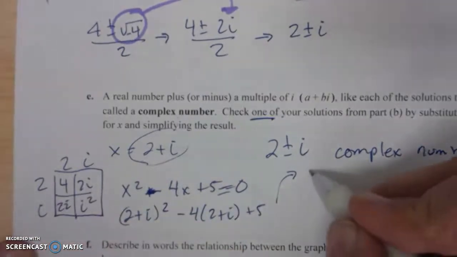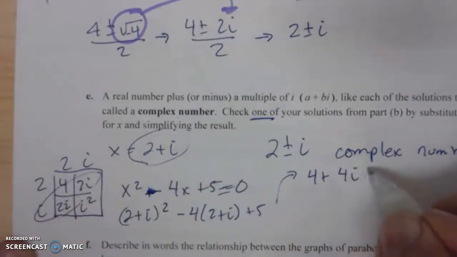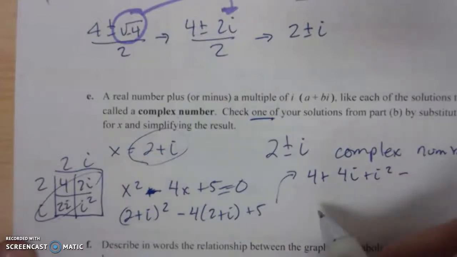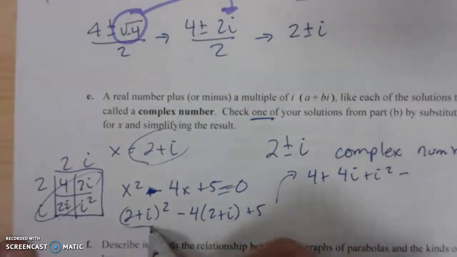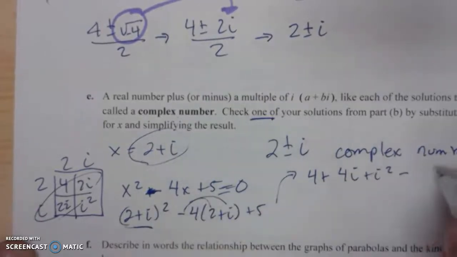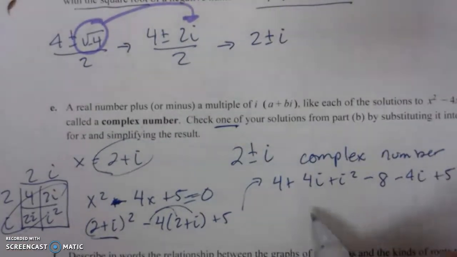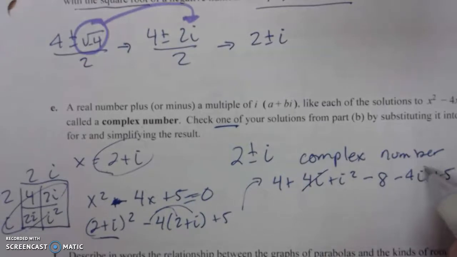So we're going to get 4 plus, add these two together right here, 4i plus i squared. Now I'm going to distribute this negative 4: minus 8 minus 4i plus 5. So let's see, 4i and negative 4i are going to cancel.